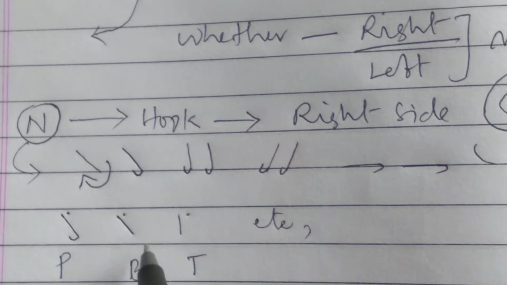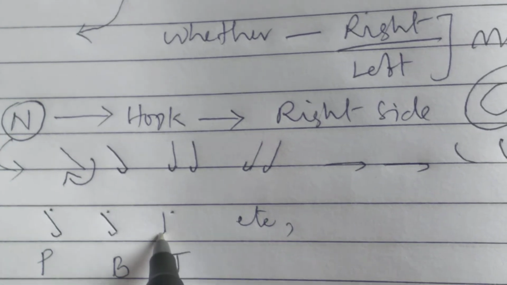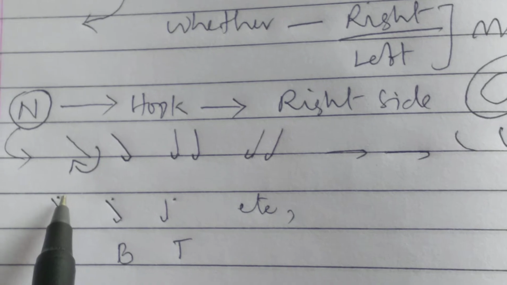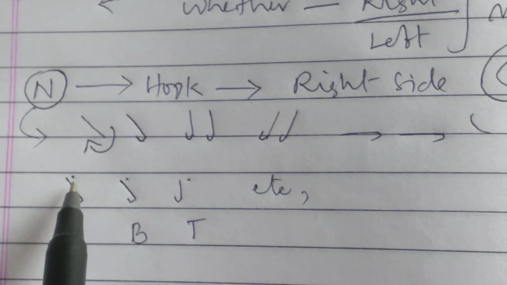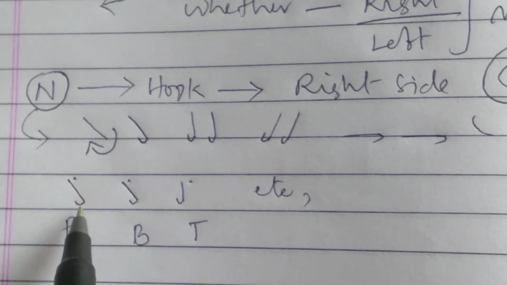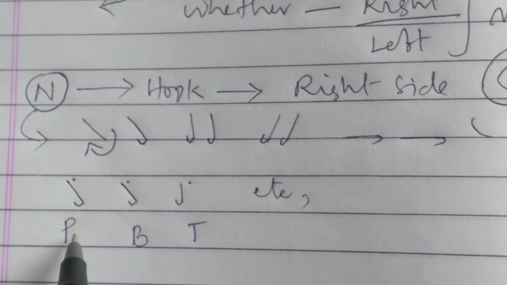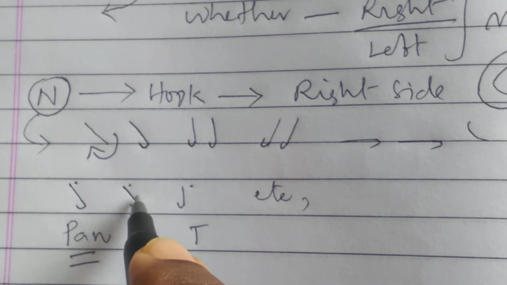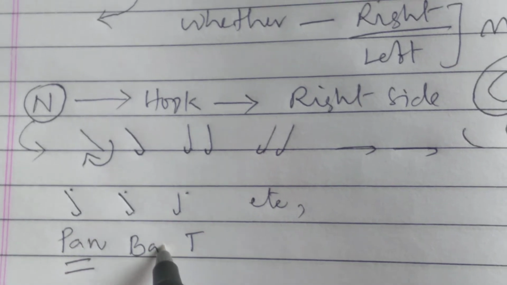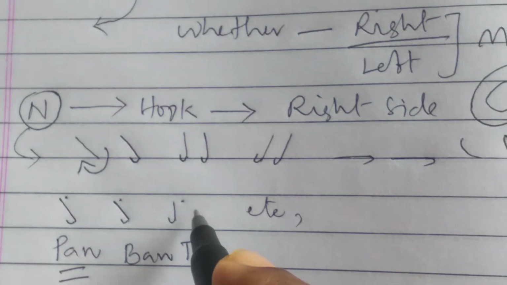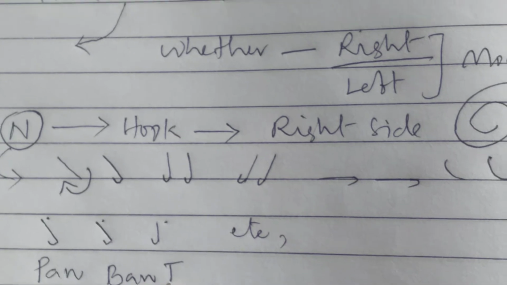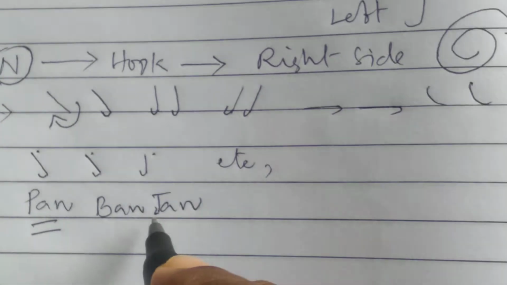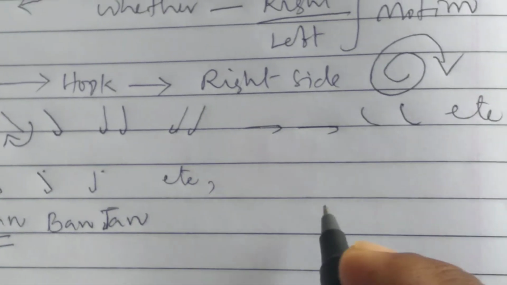P stroke plus vowel indication in the first place means A sound, no? P plus A, and the final hook is N sound. It is called pan. B plus A plus N, ban. T plus A plus N, tan. This is tan.